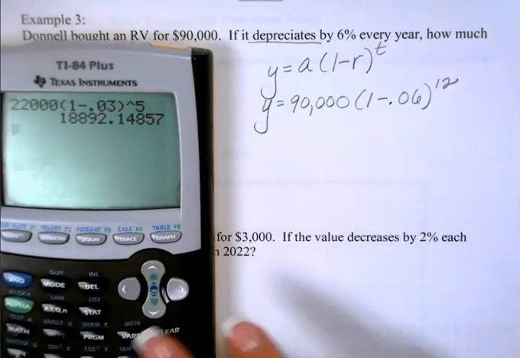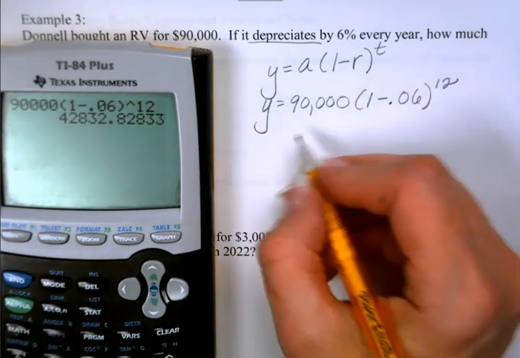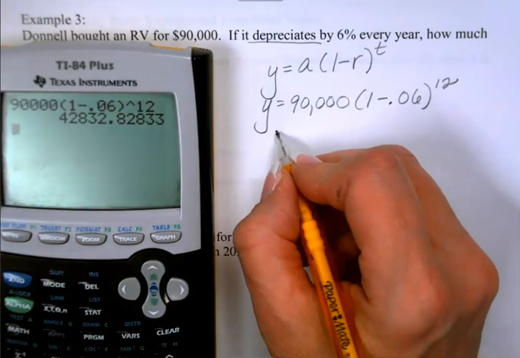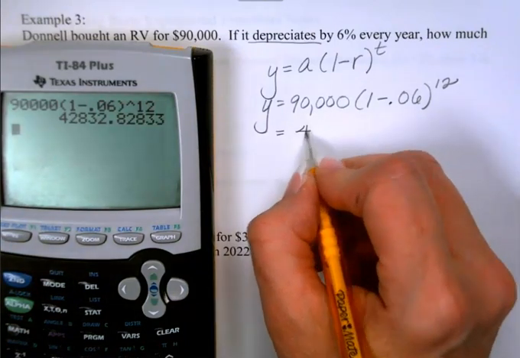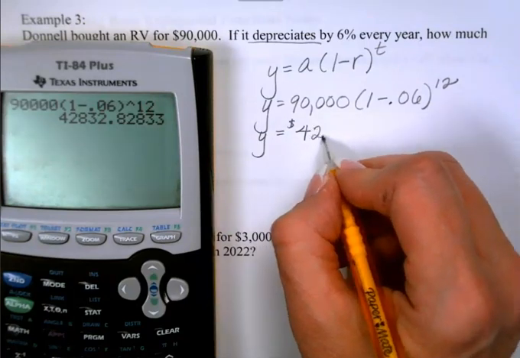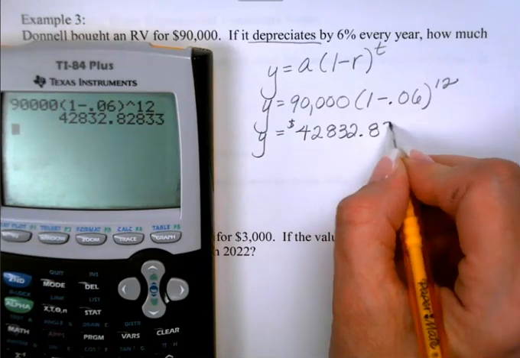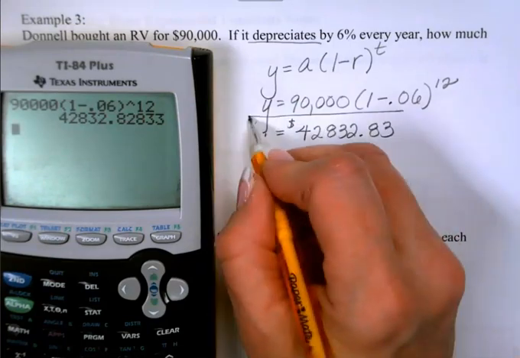Let's go ahead and plug that in on our calculator. And so Dunnell's RV is going to be worth $42,832.83 in 12 years.